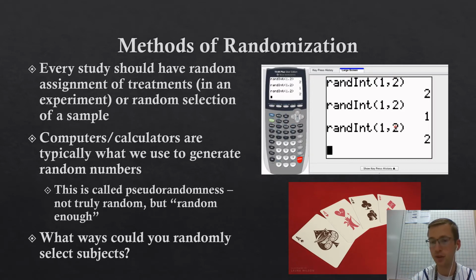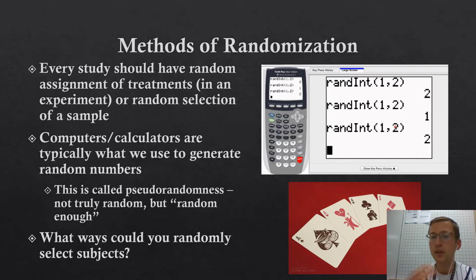We don't want to manually say, hey, you're going to take the pill, you're going to take the placebo. Also, when we are selecting who's going to participate in our study, we want to randomly select if it's ever possible. We'll talk more in depth about why we want to do that. But in general, by randomly selecting your participants, that makes sure that your sample is representative of the entire population.